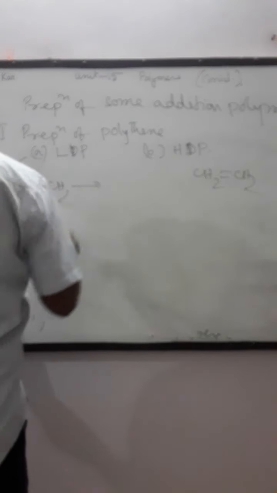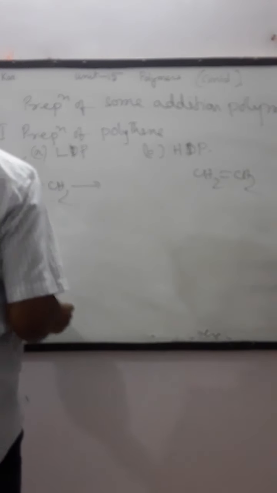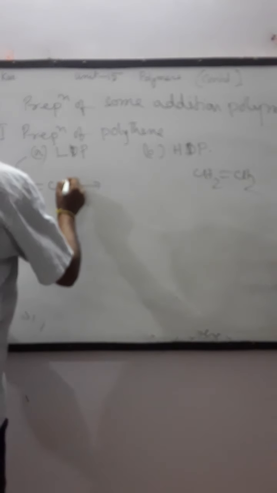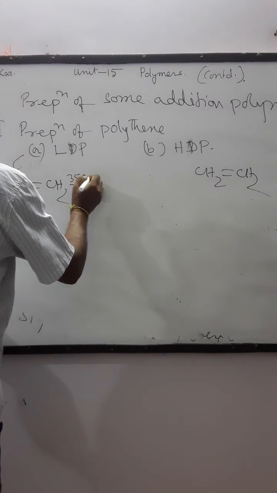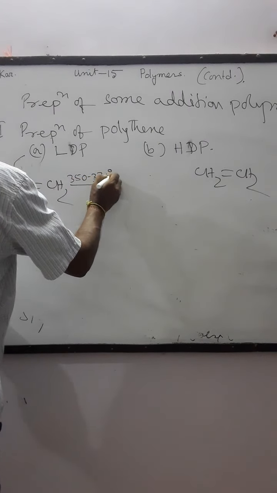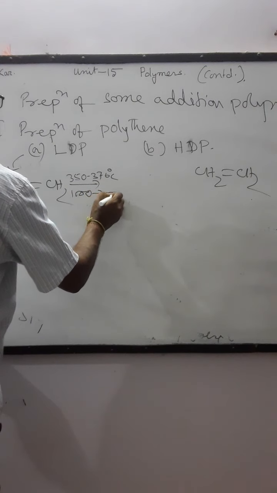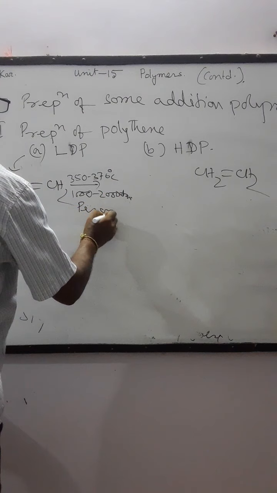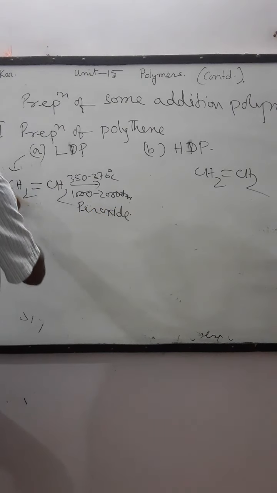But the conditions are different. In the case of low density polythene, a temperature between 350 and 370 Kelvin and very high pressure of about 1000 to 2000 atm are used in the presence of a peroxide catalyst.